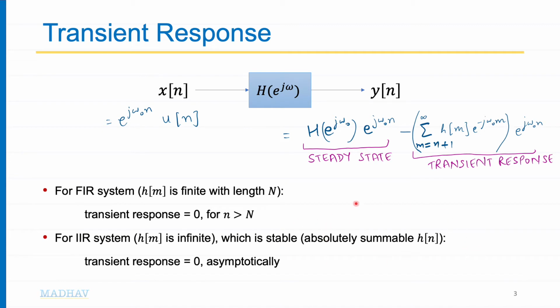When this is absolutely summable, my system is bounded input, bounded output stable, BIBO stability. This means my transient response will die out asymptotically. It may not die out immediately, but over a long capital N, it will die out asymptotically.